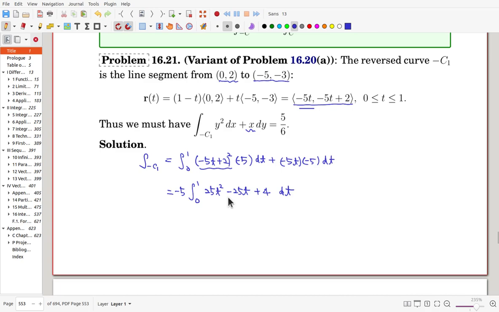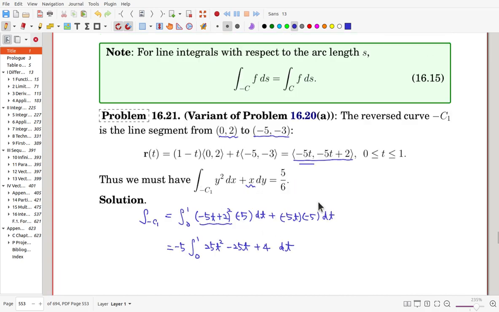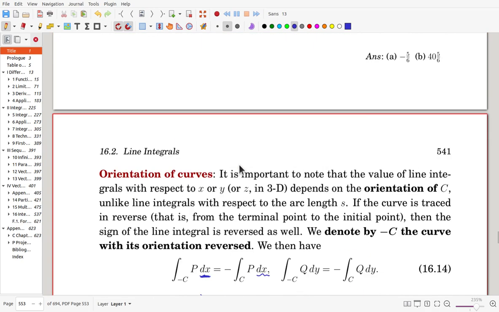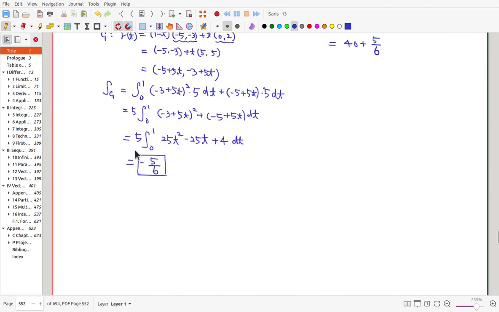Okay, let's go back to the answer here. This one is along with 5 and this term, the integral over 0 to 1. So we can get this value along with this 5.